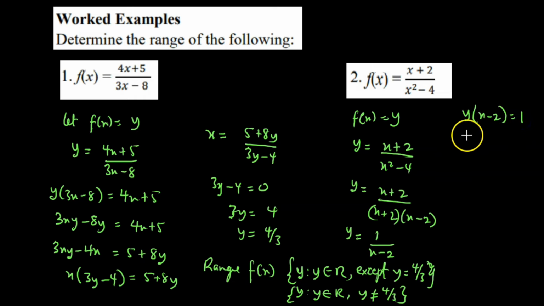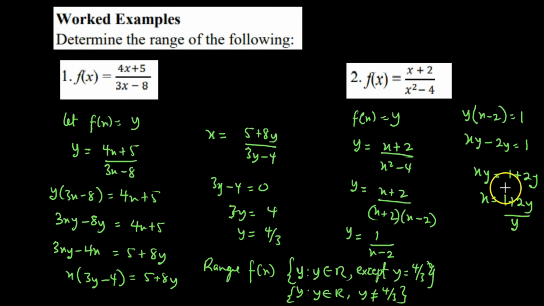Then we expand: xy minus 2y equal to 1. Making x the subject, we transpose the negative 2y, so we have xy equal to 1 plus 2y. Dividing through by y, we have x equal to 1 plus 2y all on y.